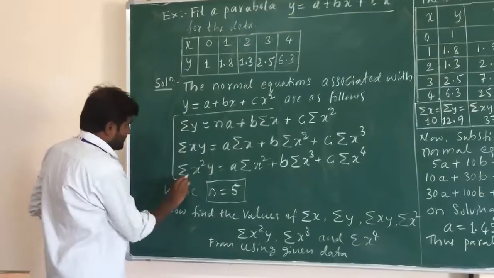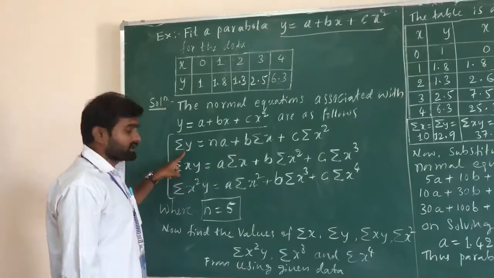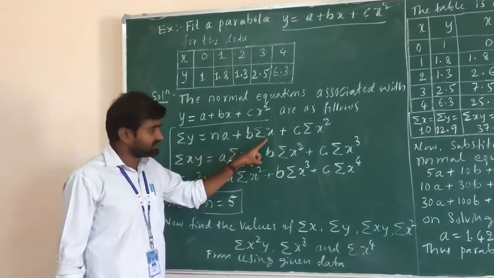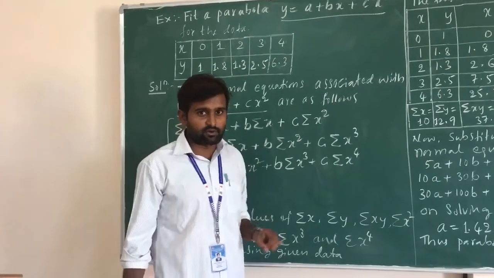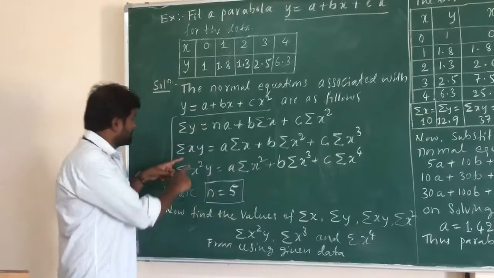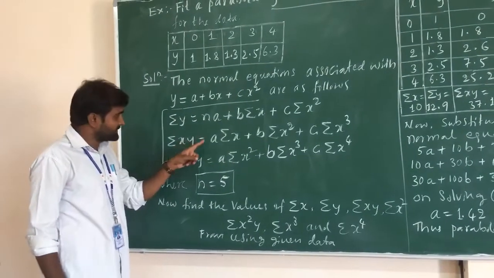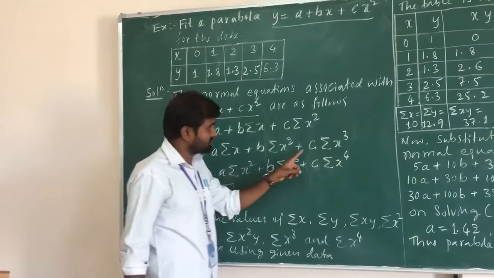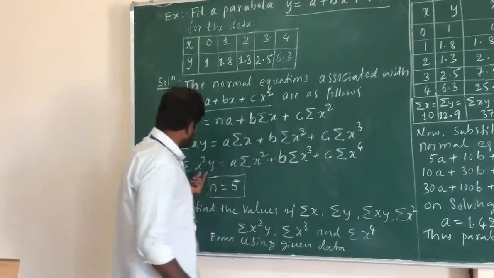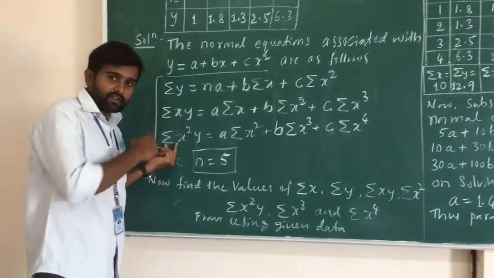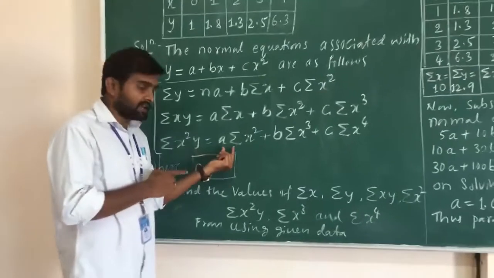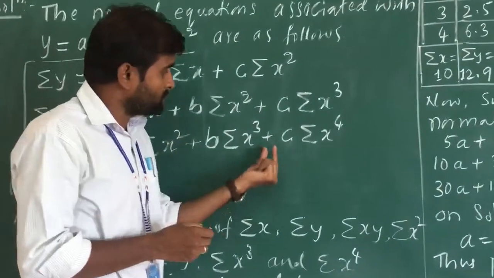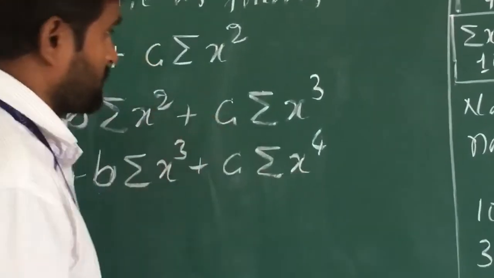Sum of y equal to n into a plus b sum of x plus c into sum of x square, because we have second degree. Now sum of x into y equal to a into sum of x plus b into sum of x square plus c into sum of x cube. Then the third equation: sum of x square into y equal to a into sum of x square plus b into sum of x cube plus c into sum of x raised to 4.